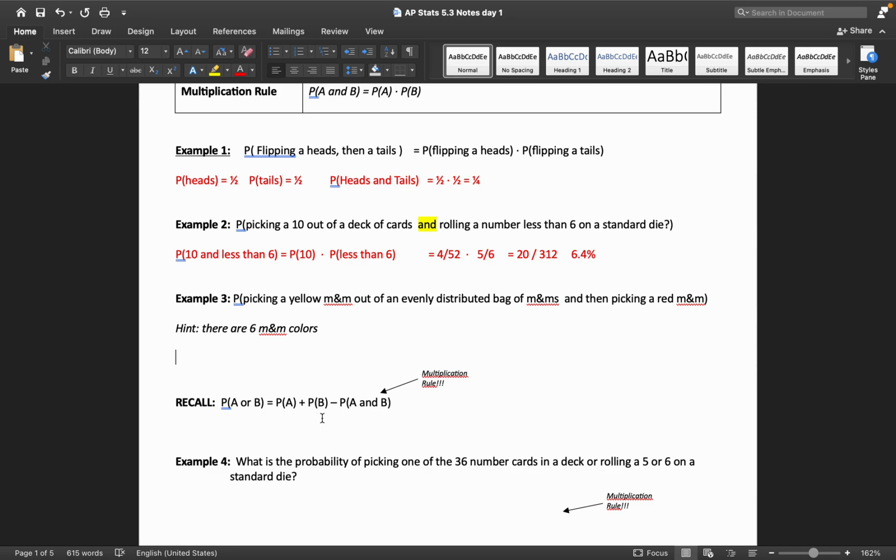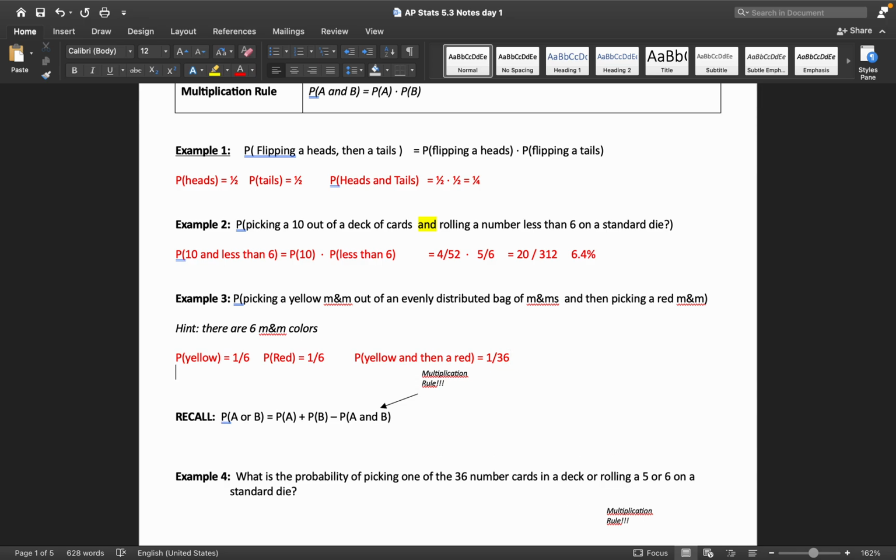Out of those 6 colors, the probability of yellow is 1 out of 6. The probability of a red, after I put the first one back, is also 1 out of 6. So the probability of picking a yellow and then a red, if I put them back after I pick them, is going to be 1 out of 36.